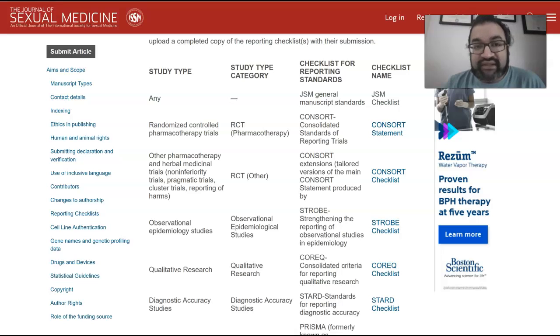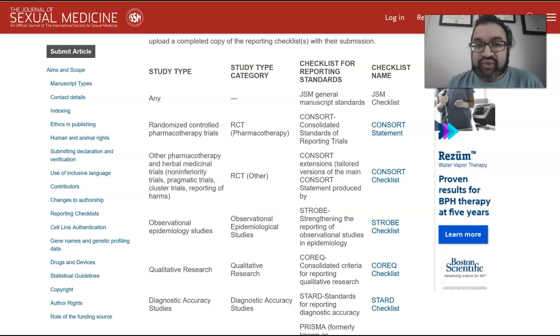So this is something that you'll see commonly in each of these checklists. But what you want to be looking for is what additional information, what specific details under these categories are being required, aligning with the type of study.